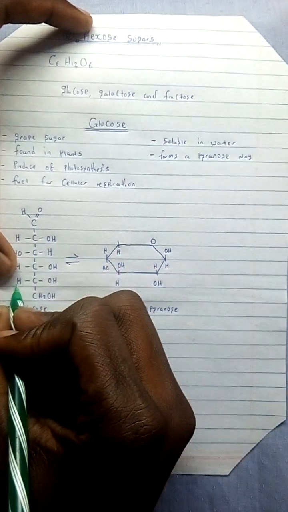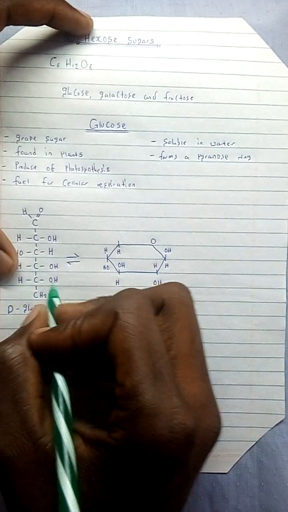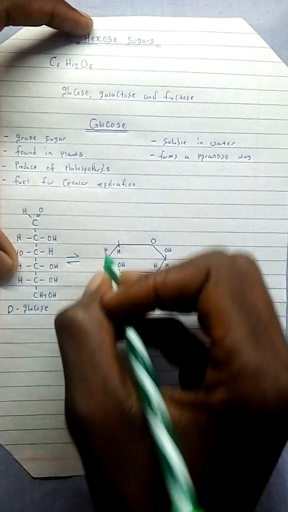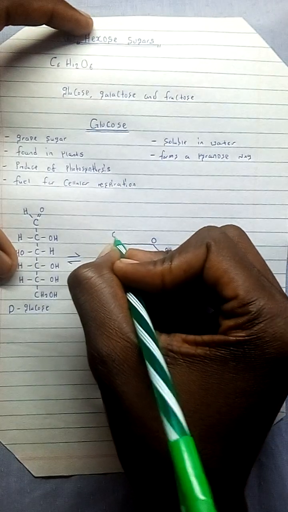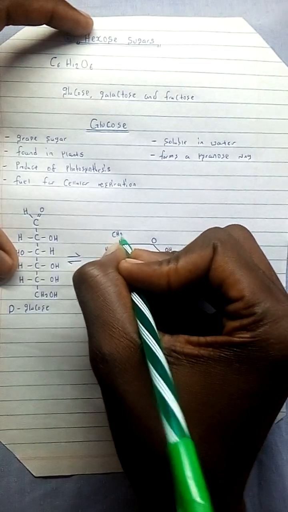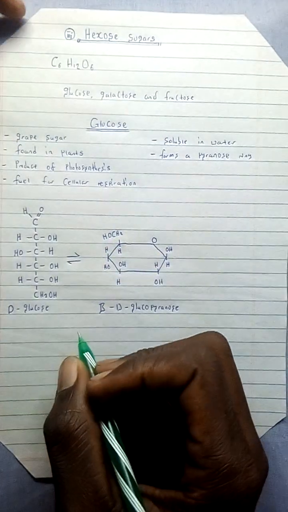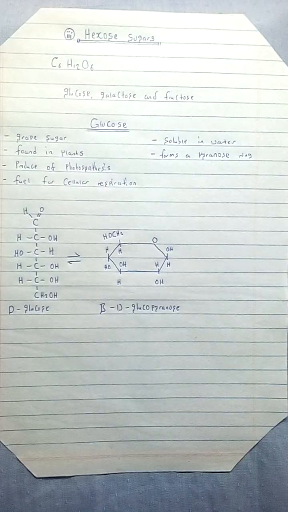Then we get this thing and put it here, so it will now be H2, but you write it like this. It's just one and the same thing. So that is how you come up with the ring, guys.